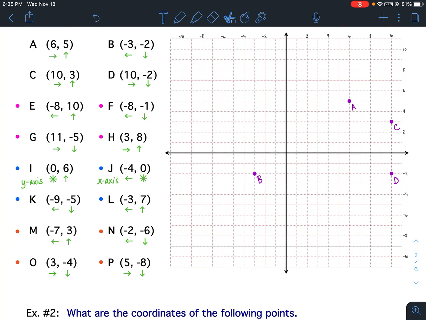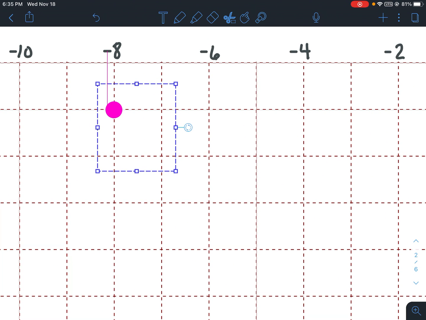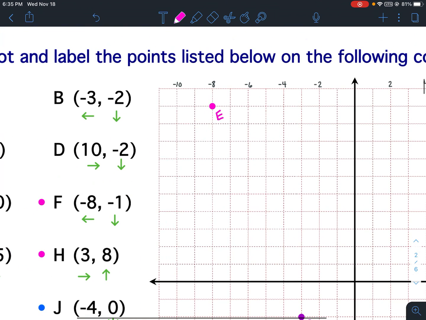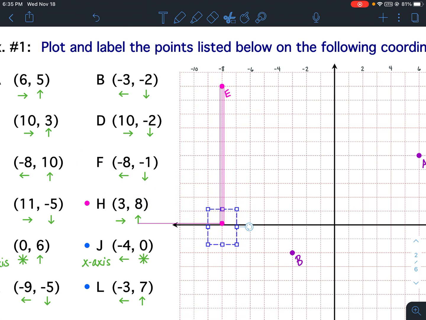All right, for E, I go to the left 8 and up 10. And that is E. So again, I went to the left 8 and up 10. For F, this is going to be on the same vertical line because it's -8 as E, but I'm going to go down 1.